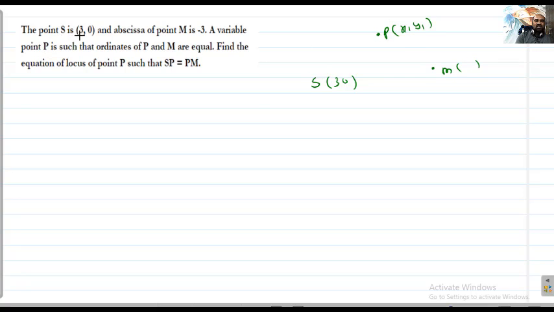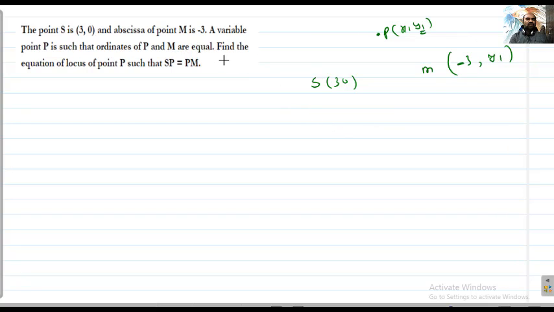So the point S is (3, 0) and abscissa of M, the first coordinate of M, is minus 3. I want to write it clearly: M is (minus 3, comma. A variable point P is such that the ordinate of P, means y1, and M are equal, means this is also y1.